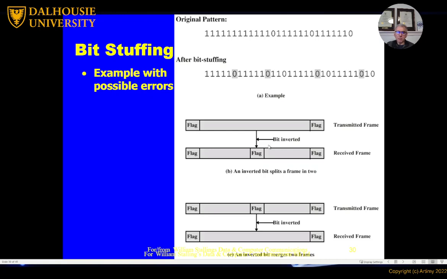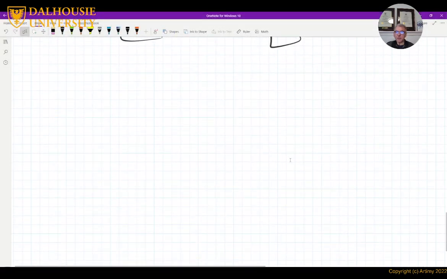That bit stuffing is not foolproof. I may still have issues. Let me explain what the issues are. Let's assume I have a frame that has 0610 and then a sequence of bits here, and then 0610.